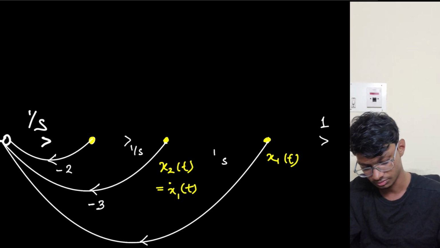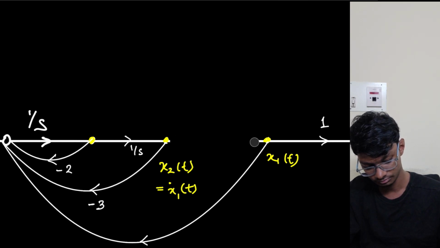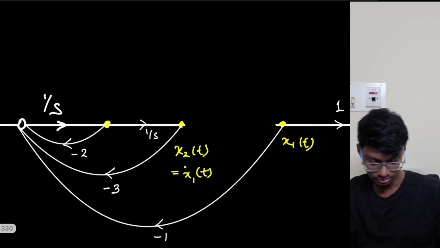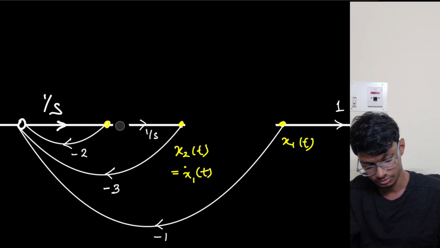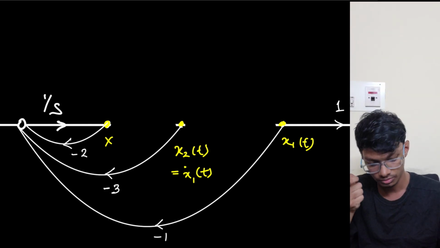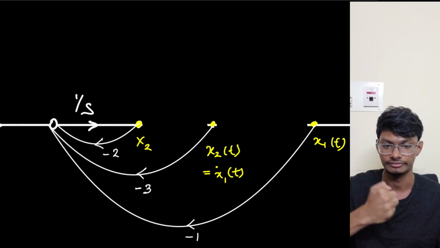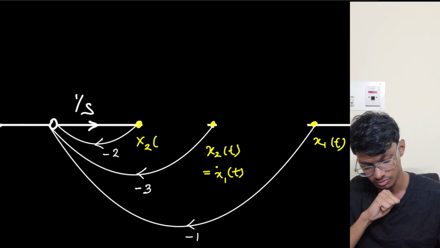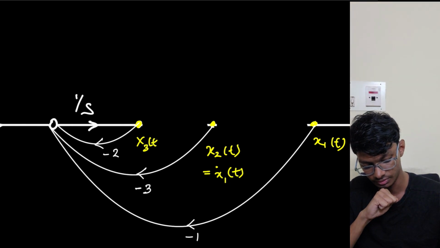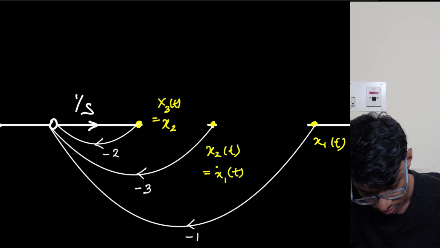I will remove this 1 by s term, and I will remove this 1 by s term also. This will be x2 dot of t. As we have 3 1 by s terms, we will have 3 state variables. So x2 dot of t equals x3 of t.